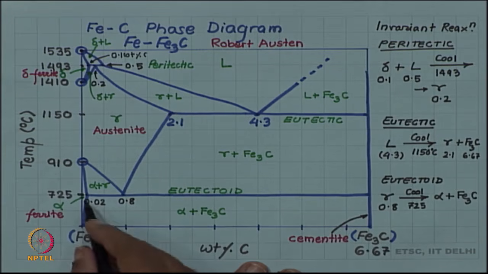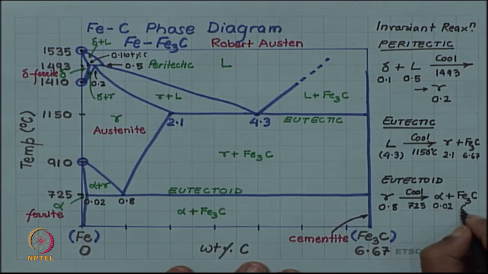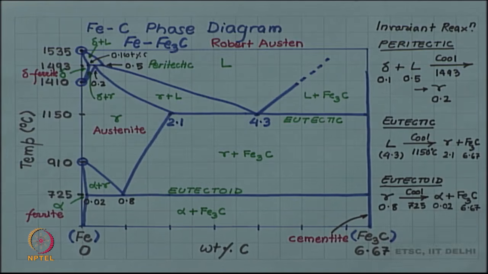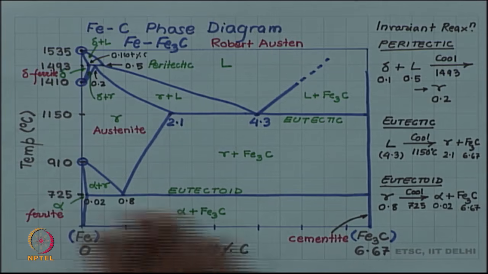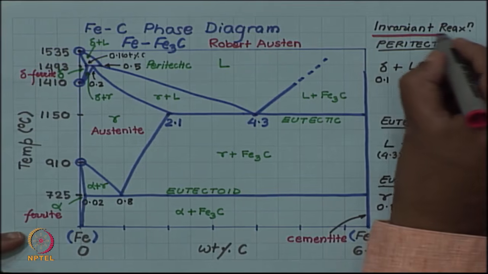The alpha composition is 0.02, so alpha is very pure iron, and Fe3C is again 6.67. So, now you know the details of all the three invariant reactions which are happening in this phase diagram.